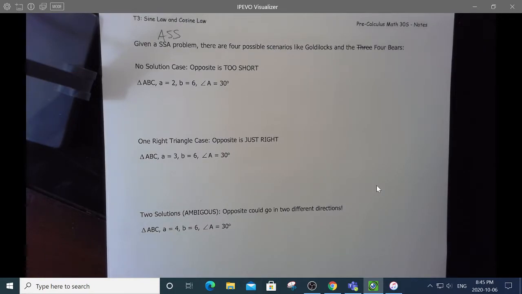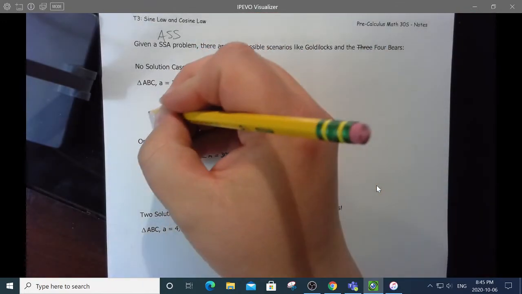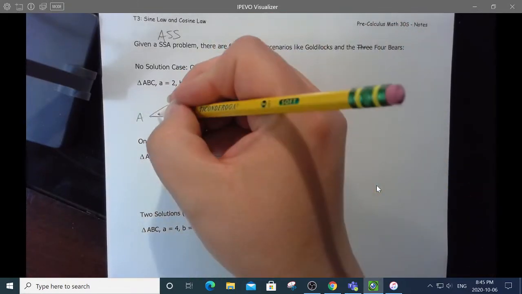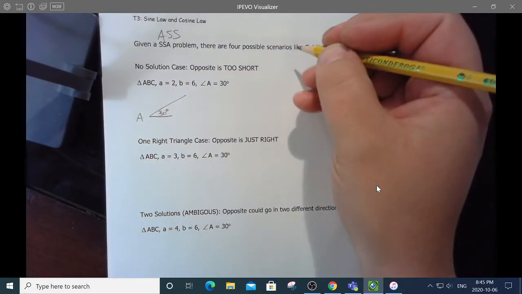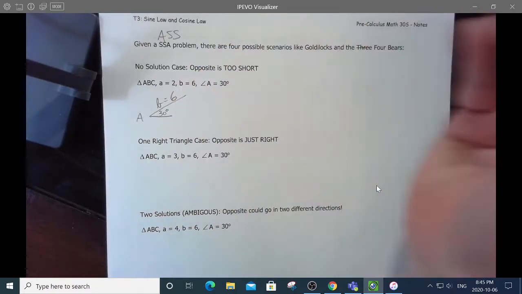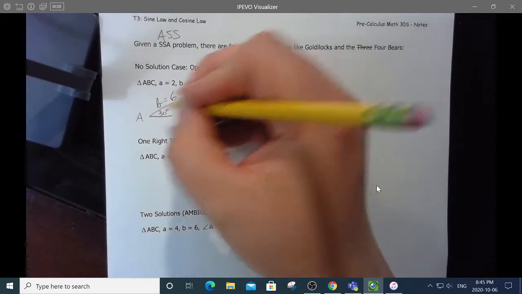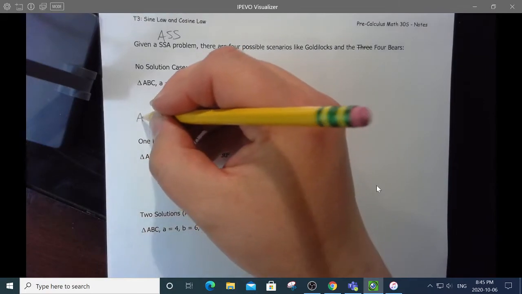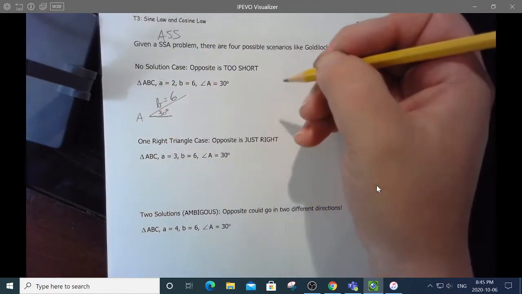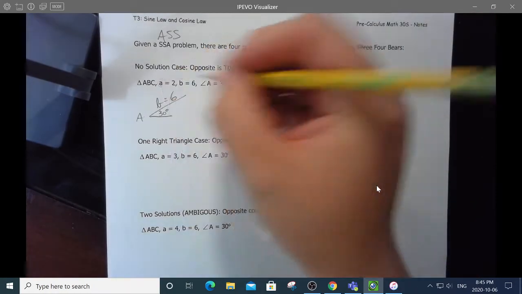First of all, we could have a situation where we have angle A. We'll put angle A down at this corner, very similar to that activity we did. Angle A is 30 degrees, and this is side B, which is going to be, say, 6 units. And the side across from angle A, which also is going to be side A, remember you always label angles and sides across from each other with the same letters, is only 2 units long.